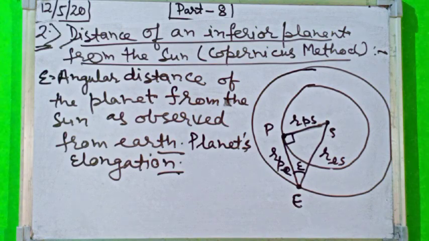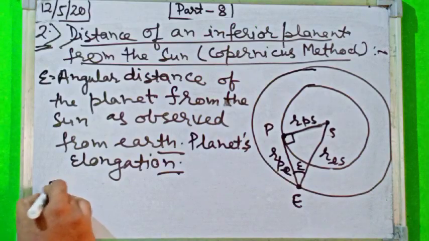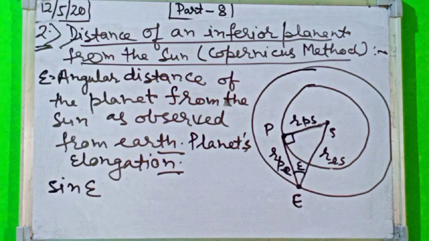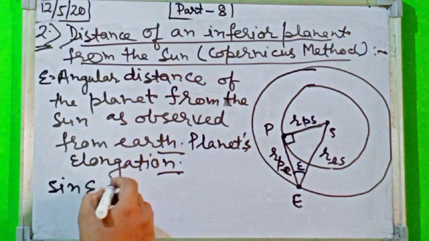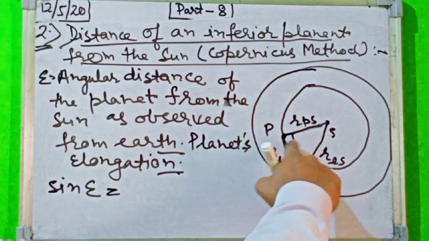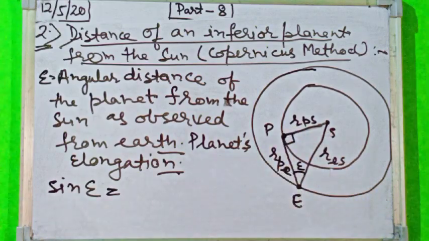Now we are going to calculate. First of all, EST is a right angle triangle, and from it we can find the value of sine epsilon, the sine of the angle of elongation. Here we have perpendicular, base and hypotenuse.